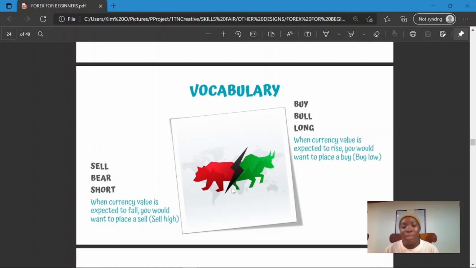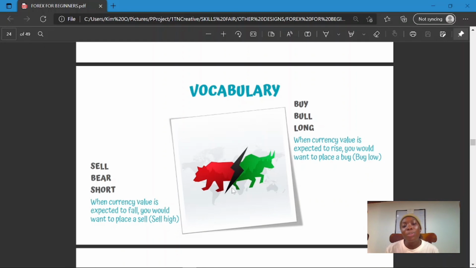Two things happen in the market: buying and selling, like I said. So as a forex trader, there are different terminologies that are used in this market. If we are expecting a currency value to fall, we would want to place a sell. Another word for a selling market is a bearish market, or bear, or short.